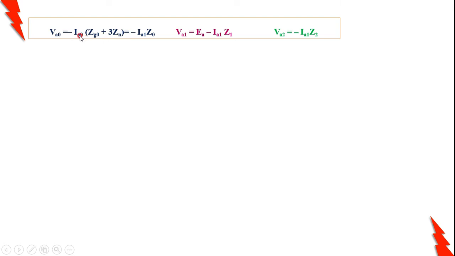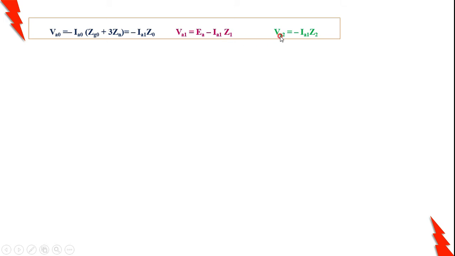However, IA0 is equal to IA1 is equal to IA2 in this case. Therefore, I am replacing IA0 by IA1, and this total impedance is Z0. Therefore, it is minus I1 Z0. Then I am writing VA1 as it is, that is VA1 is equal to EA minus I1 Z1.